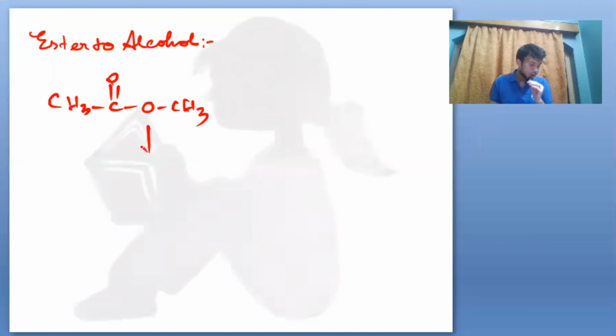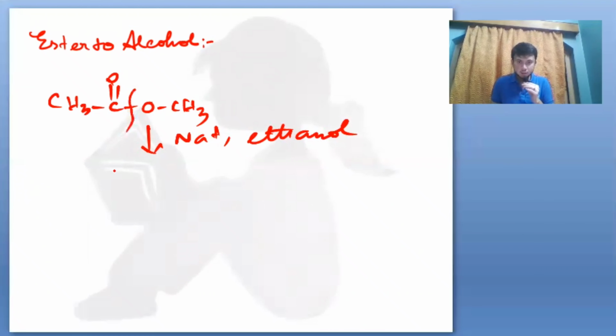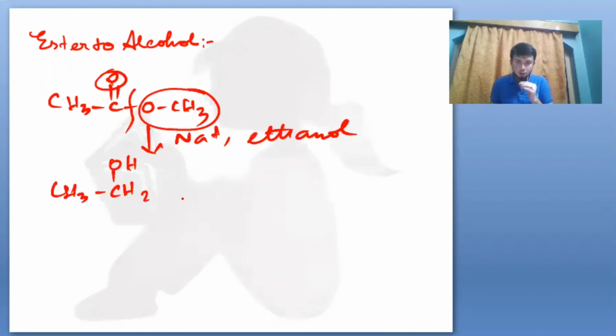And if we give it this Na and ethanol, what will be the product? This bond breaks. Okay. So in place of this double bond O, it becomes OH and the respective H2 will be added here. And this whole gives another alcohol, that is this. So that's how this Bouveault-Blanc reaction occurs, and ester forms these two alcohols.